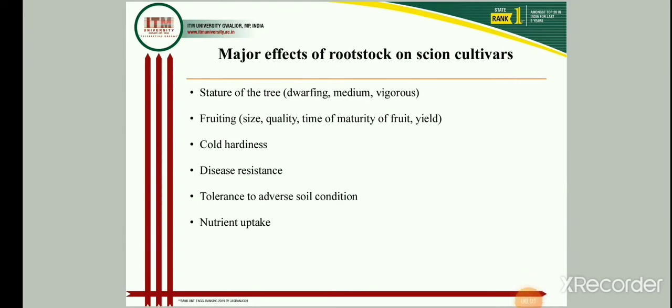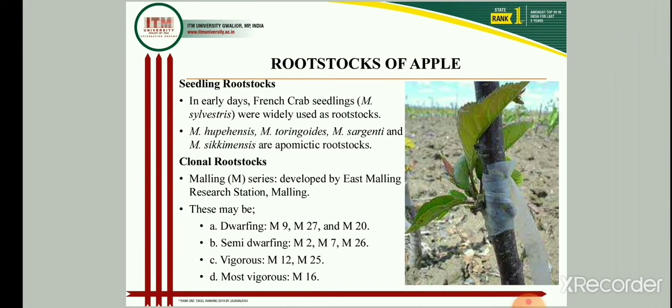The influence of rootstock over the scion can be studied under the following headings: vigor or stature of the tree, that is dwarfism, medium vigor or vigorous growth; fruiting attributes like size, quality, time of maturity and yield; cold hardiness, the ability to resist cold situations, particularly for temperate fruit; disease resistance, the diseases specific to the particular crop; tolerance to adverse soil conditions, either waterlogging or soil salinity; and better nutrient uptake. There are many rootstocks of apple.